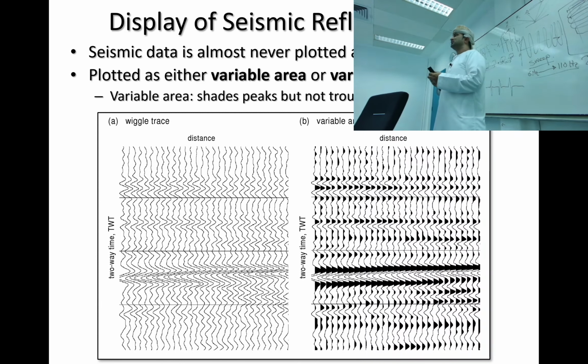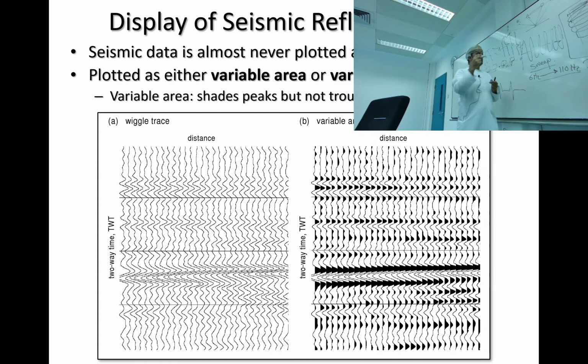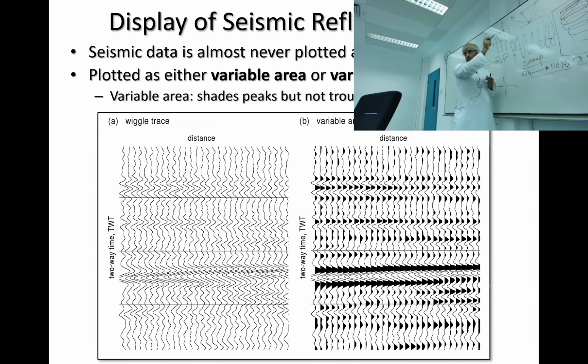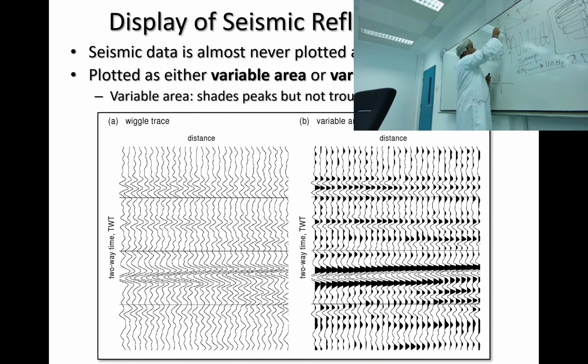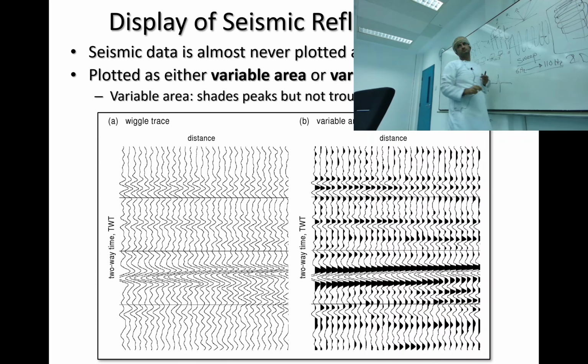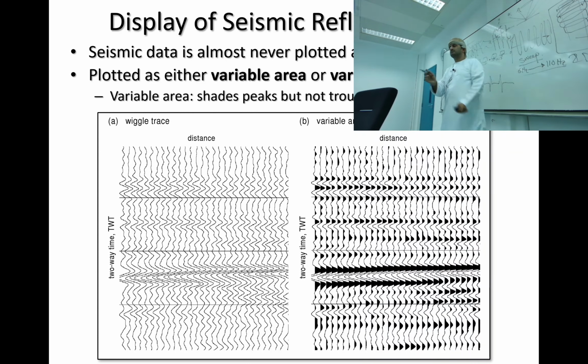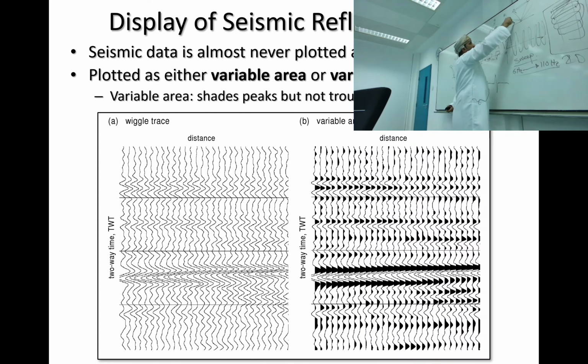Hyperbola. That's a reflection. We do normal moveout correction. Moveout correction brings this flat. Then what do we do finally? Stack them. All of this becomes one.